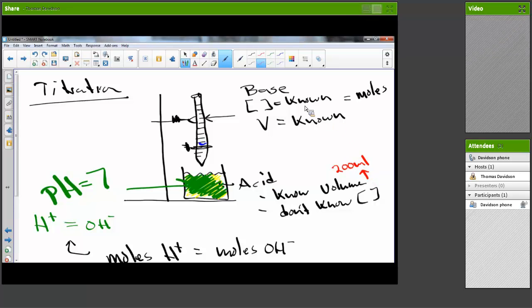Now, I'm going to take this base, and let's say that I know that it's 3 molar concentration, and that I had to add 40 milliliters to get this to become neutral.